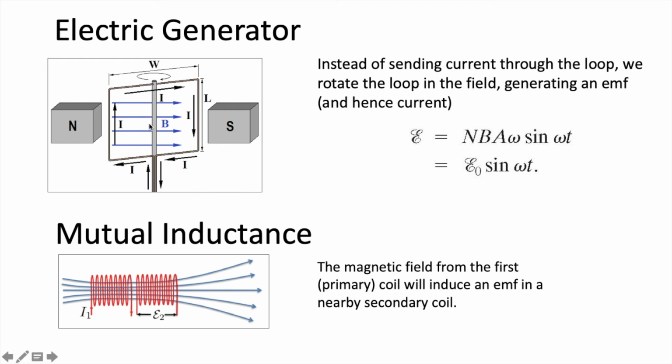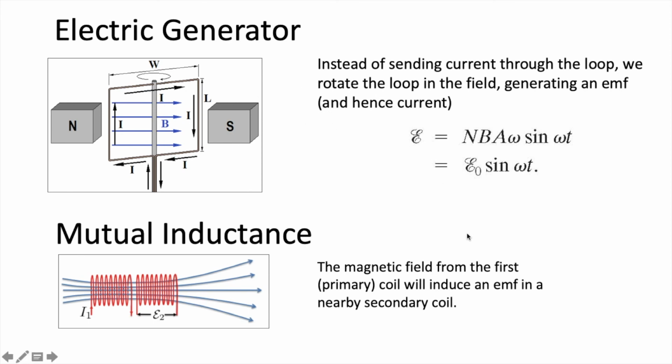You can connect a wire through it with some resistance R, and V equals I R, where that V is E naught sine omega t. Hence we can calculate I, the oscillating current, as I naught times sine omega t, where I naught is related to E naught by V equals I R. That's again a simple generator.